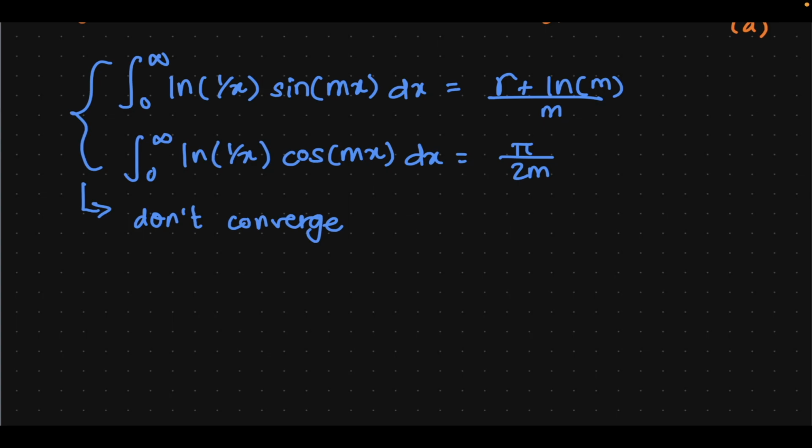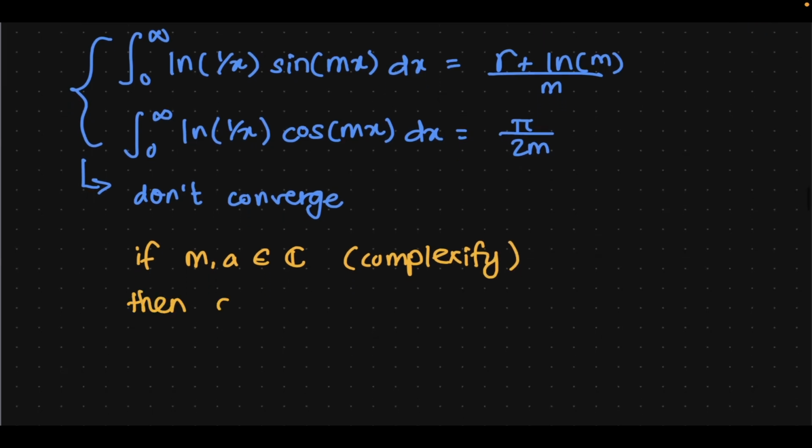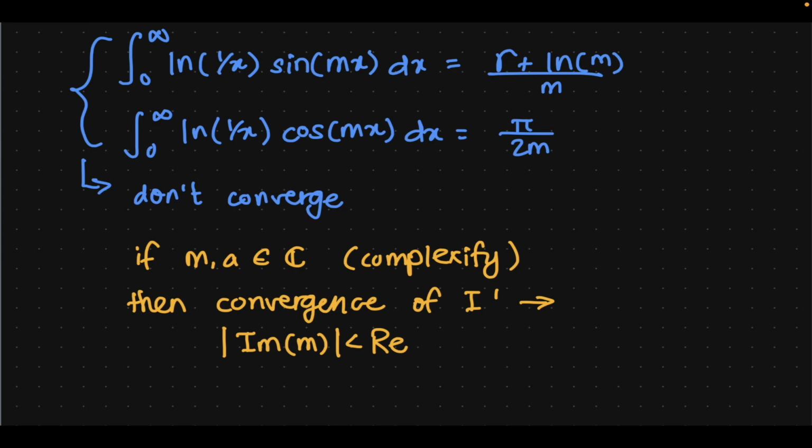Simply put, it's kind of clear to see that if we consider from the beginning m and a to be complex numbers, so that's saying if we complexify our parameter variables, then convergence of I prime happens for the absolute value of the imaginary part of m being less than the real part of a, for the real part of a greater than 0.